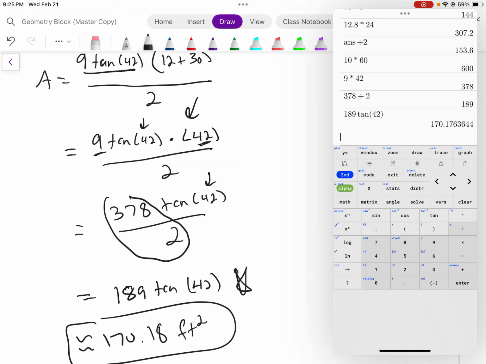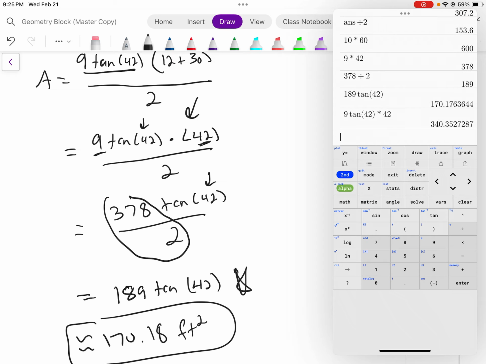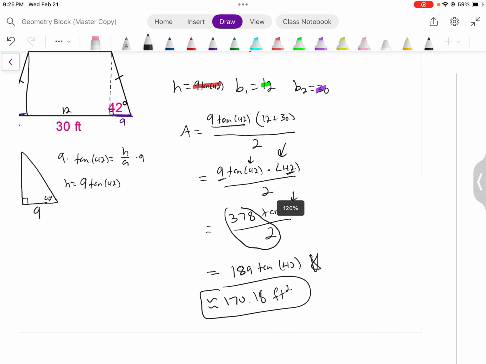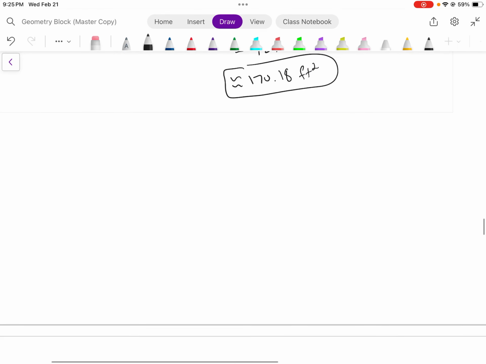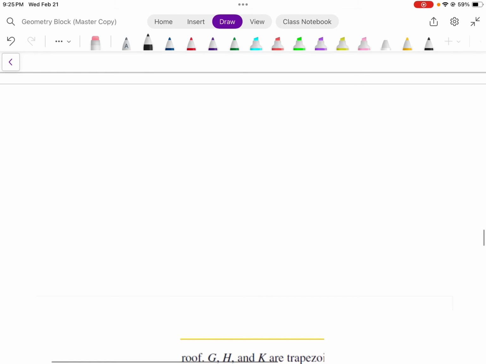You can type it in right here: 9 tangent 42, make sure to close that off, times 42. And if I were you, I would hit enter. There's my numerator. Then divide by 2. Either way, you're going to get to that. A little bit more difficult one there.